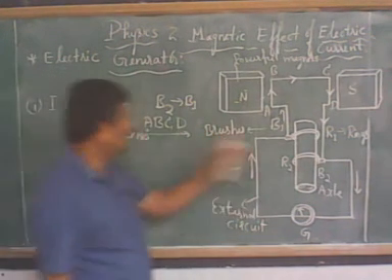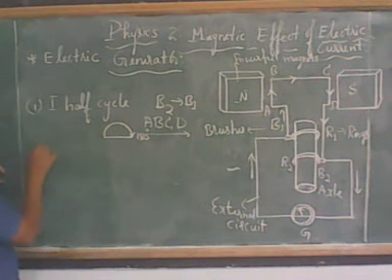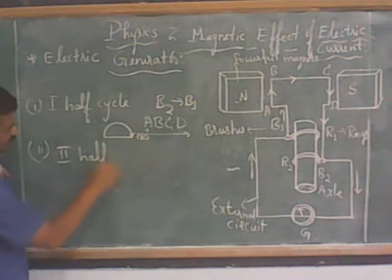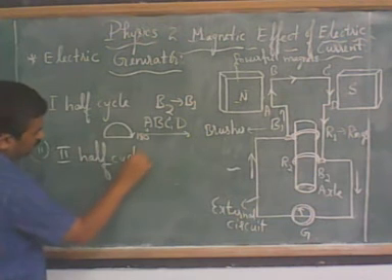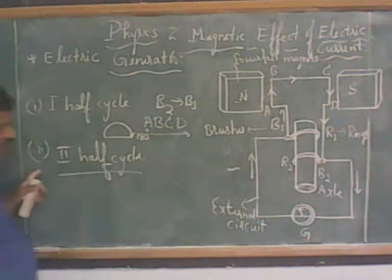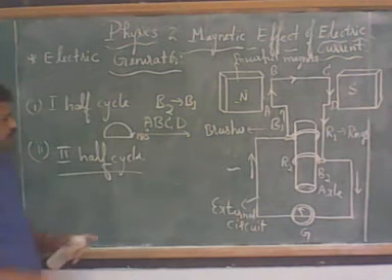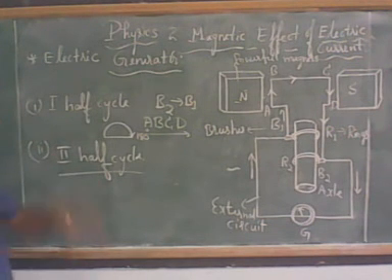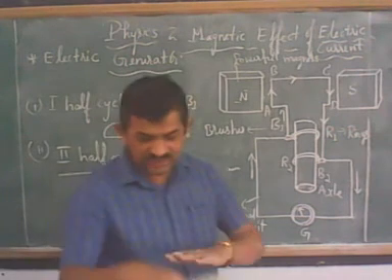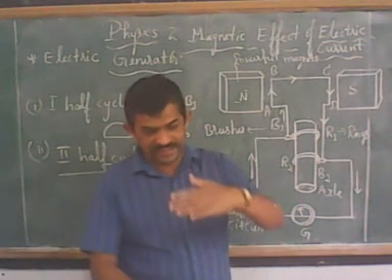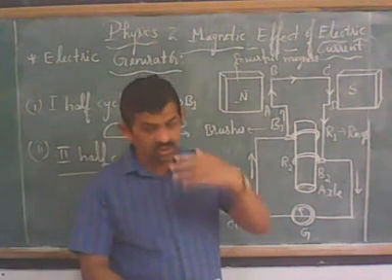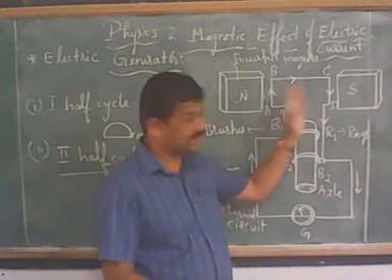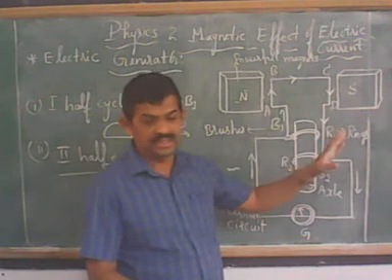So the direction of flow of generated current moves from brush B2 to B1. If you come to the second half cycle, it won't stop like that. What will happen in the second half cycle? In the first half cycle, AB came up and CD got down, so the ABCD rectangular coil moves in the clockwise direction.